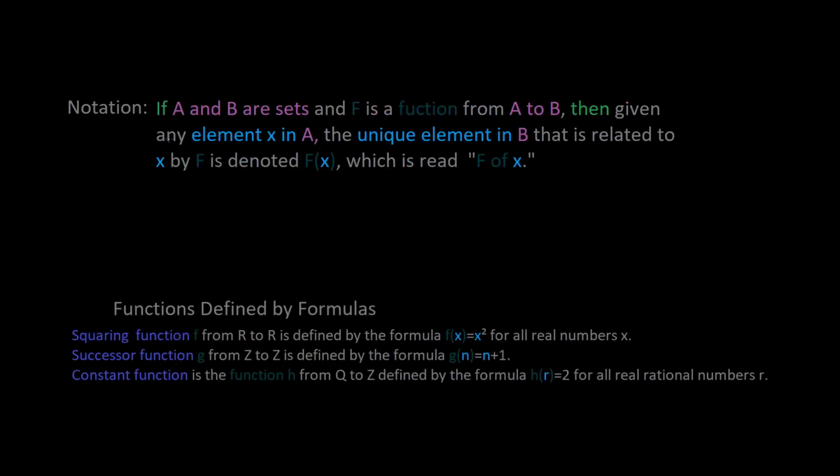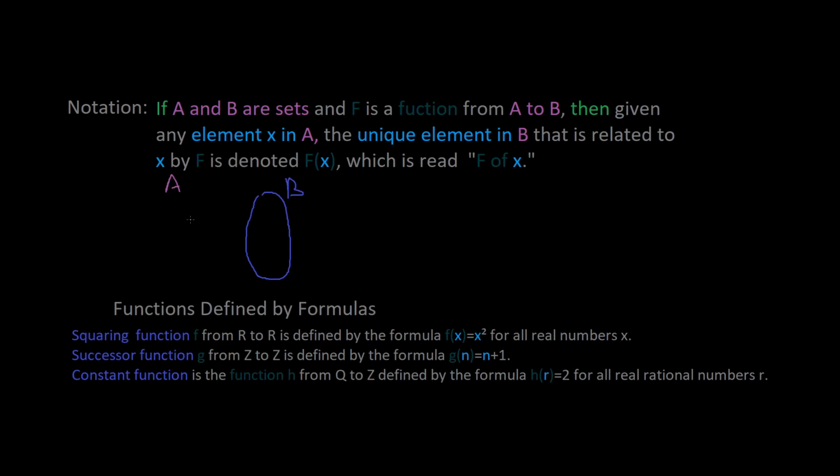So notation: if A and B are sets, so let's say we have a set A and a set B. So these are small sets. I might redraw that one right there. And so we have a set B. And f is a function, right? So now we're defining functions.